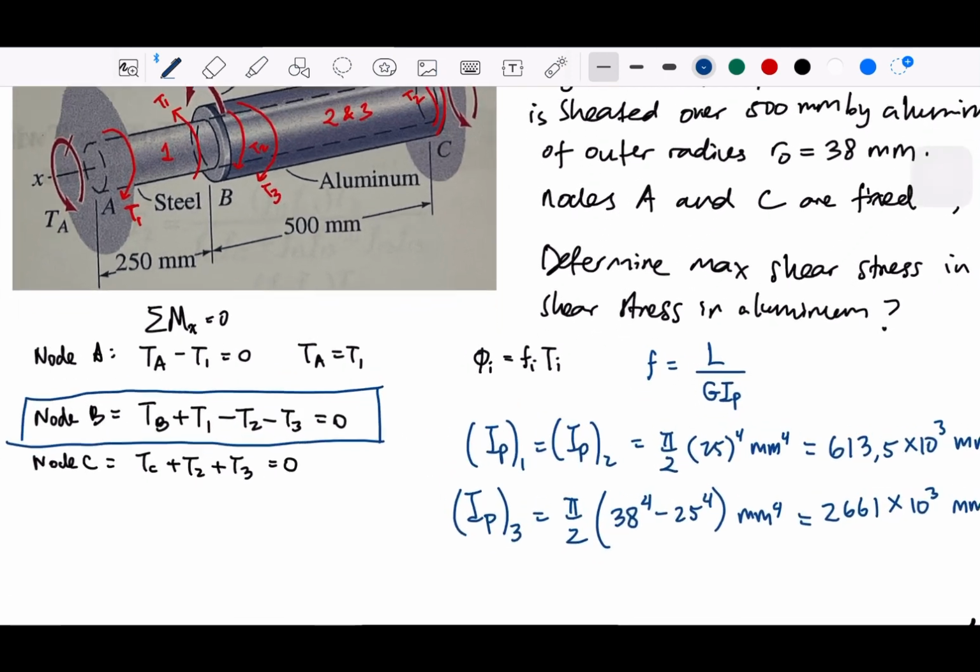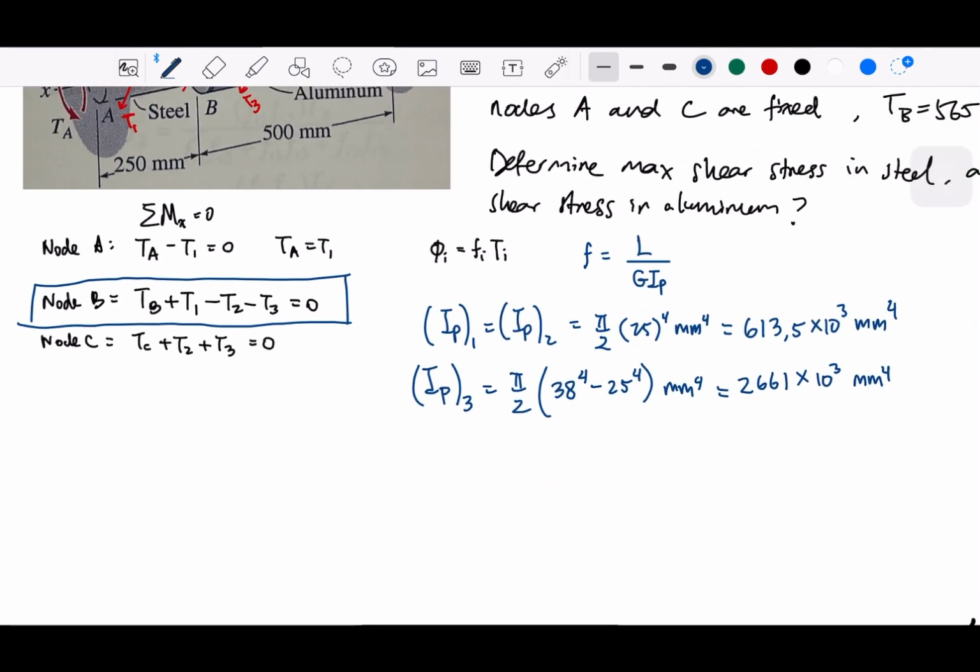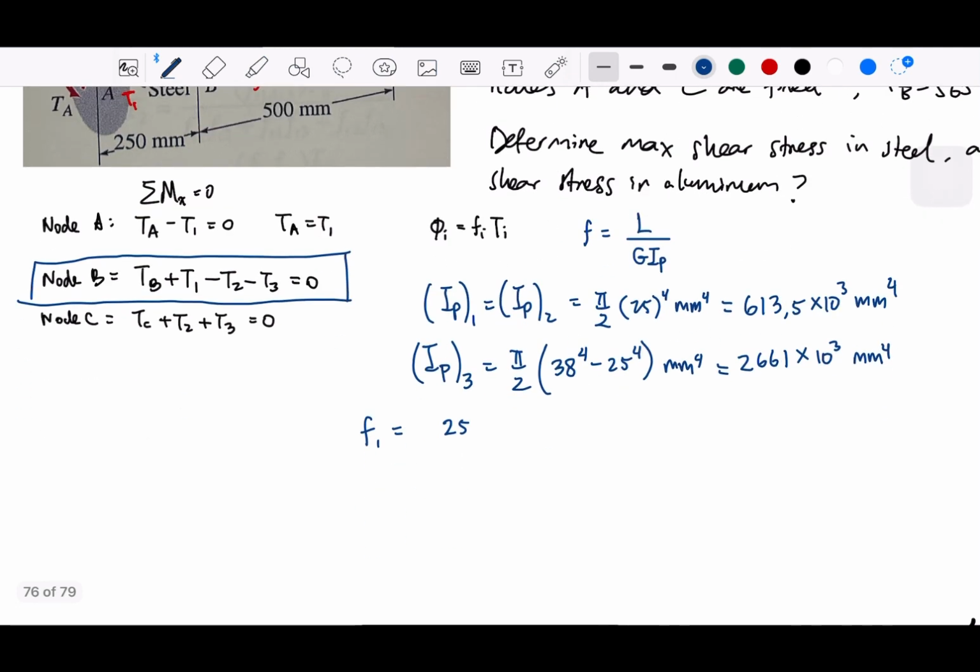And then apply for each material. So we are going to take F1. F1 is 250 millimeter, and then 80 GPa, so 80,000 MPa. MPa is Newton over millimeter squared.